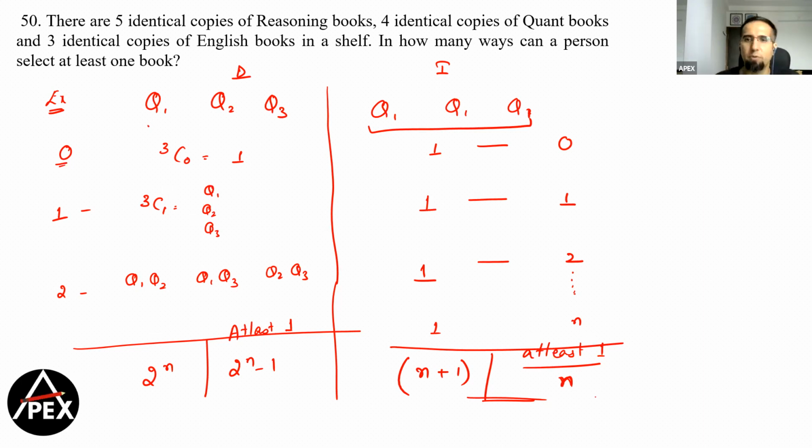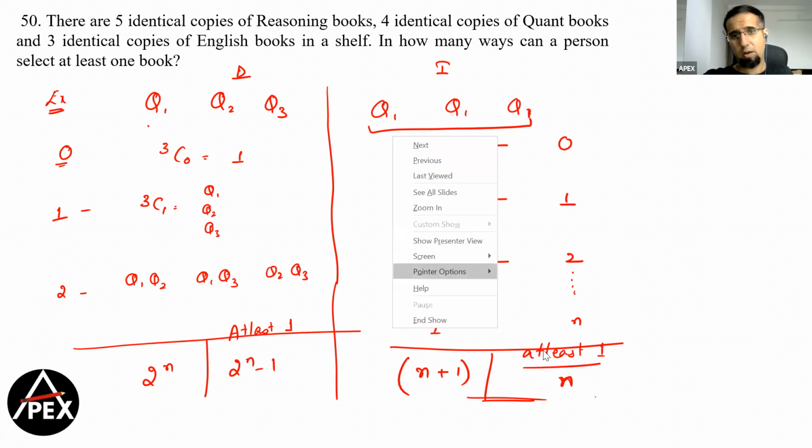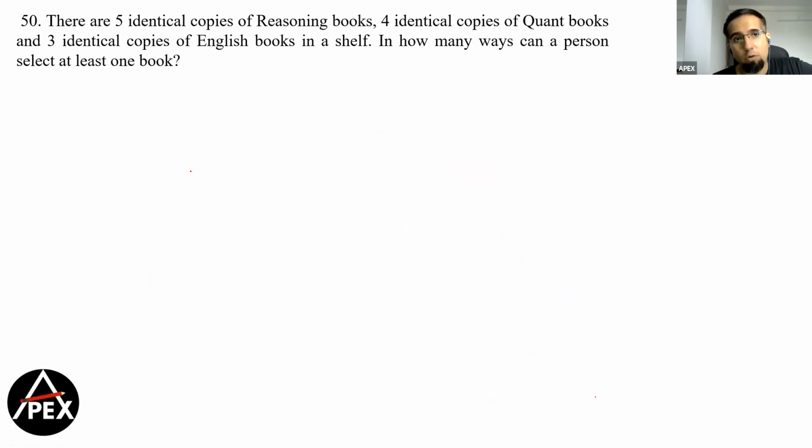Can I get the answer for question number 50, please? So what are the total number of ways? At least one book. It did not say at least one book of each subject. So out of 5 identical reasoning books, the total number of ways of picking any number is 6.